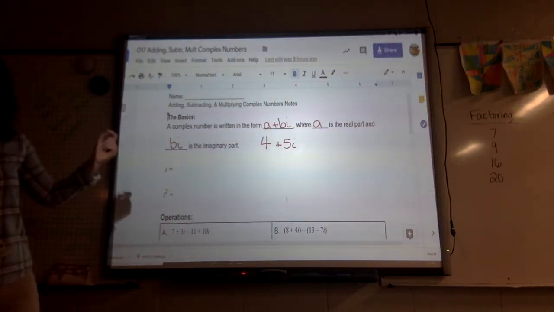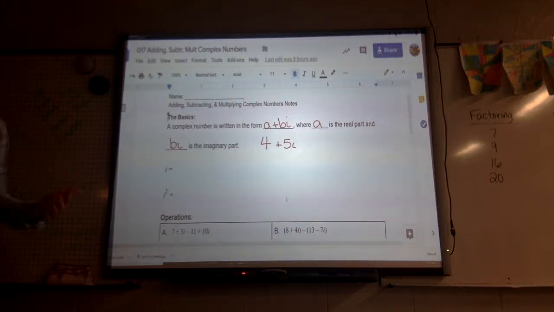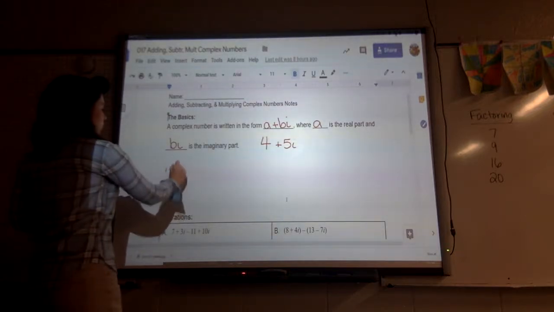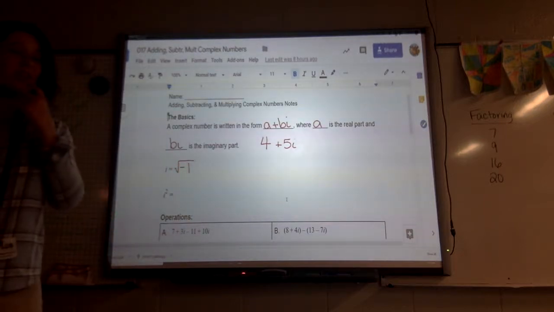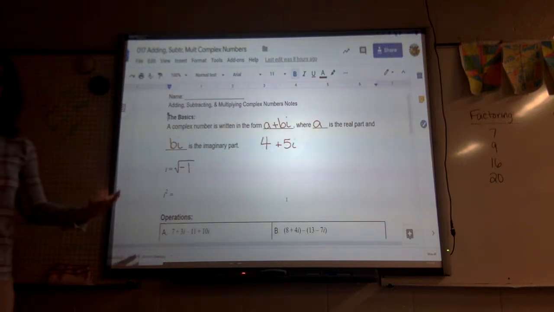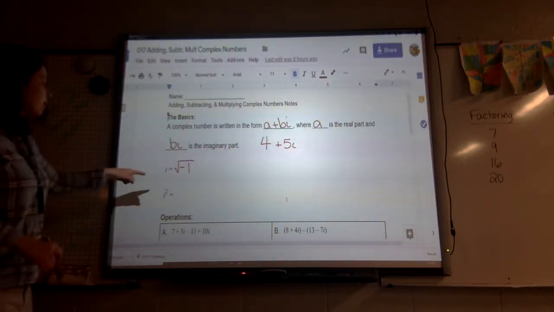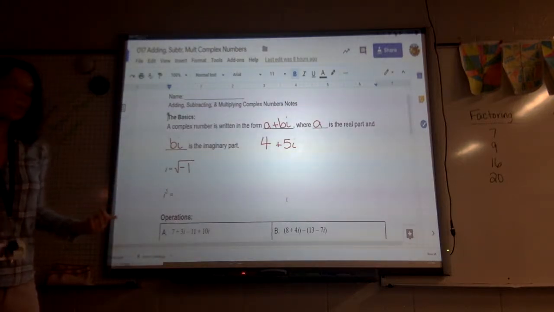Now, we have talked about I before, and it's been a little while, so you may not remember this. But I is just an abbreviation, a letter we use, to stand for the square root of -1. People didn't like having to write the square root of -1 every single time, so they just called it I instead. What that means is that I squared is a lot simpler.